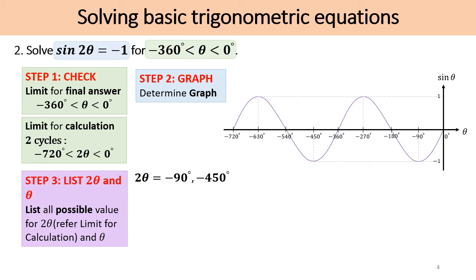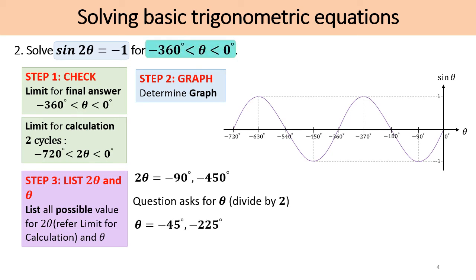So these two values actually give us sin 2θ = -1. But note that the question asks us for θ. So we just need to divide all the possible values by 2, and hence we will get θ = -45 degrees as well as -225 degrees.